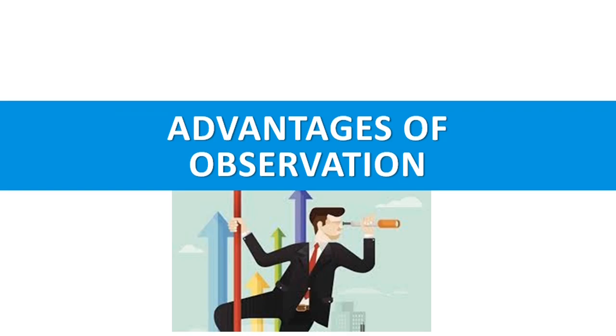Now let's come to the advantages of observation. The purpose of observation is to enable the researcher to gather empirical data which are difficult to obtain by other means, to gather specific data to supplement or verify information gathered by other means, and to gather information needed to describe the aspect of the variable being studied which cannot be described accurately without observation.